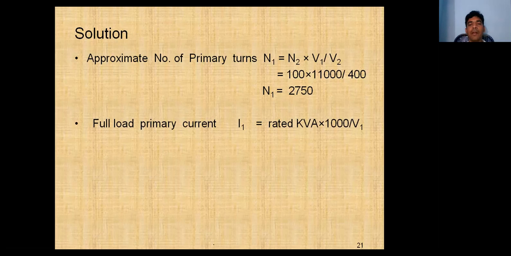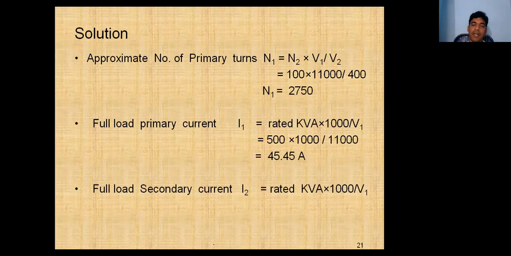Full load primary current I1 is equal to rated kVA into 1000 by V1, that is equal to 500 into 1000 by 11,000, that is 45.45 amperes.